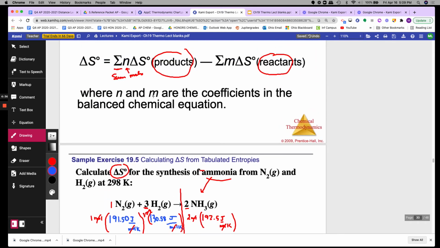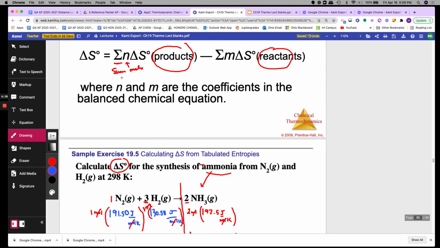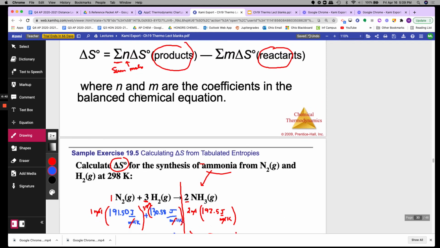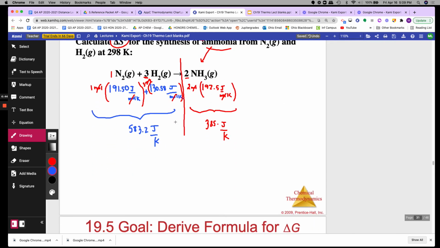The final formula is, and what you did is you just added them. See the sum? I just added these together. I summed all of them and I multiplied by moles, okay? And so I'm going to get the change now.